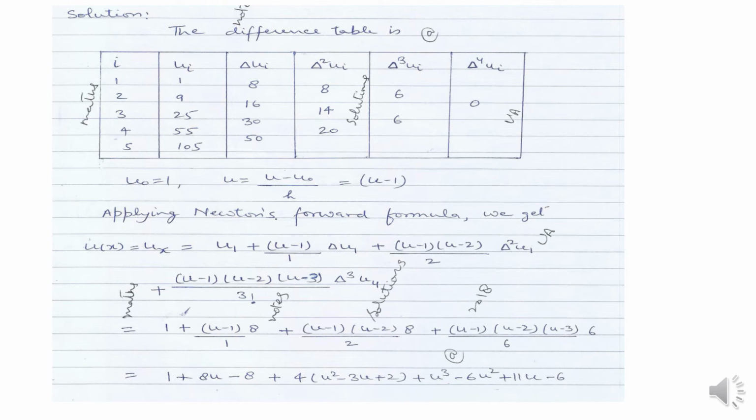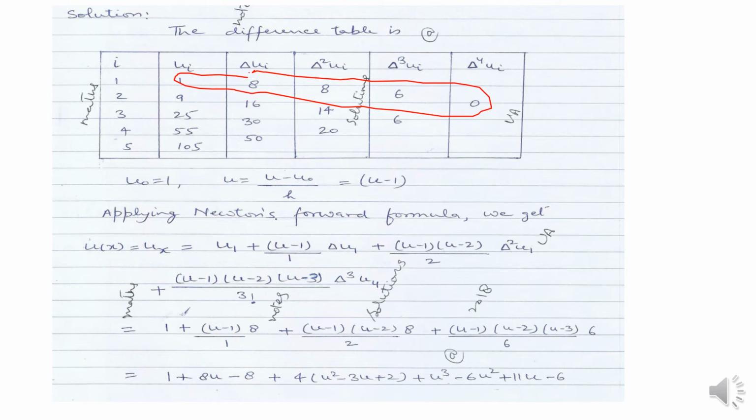We put in these values from the upper diagonal, the values of del u, del square u, del cube u.